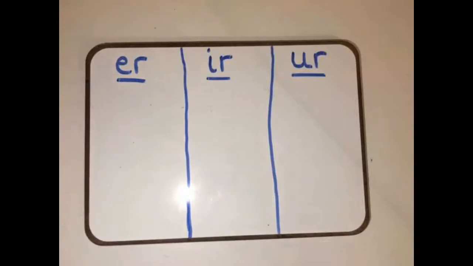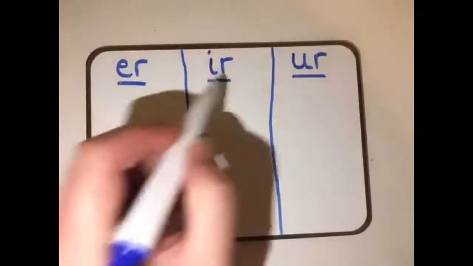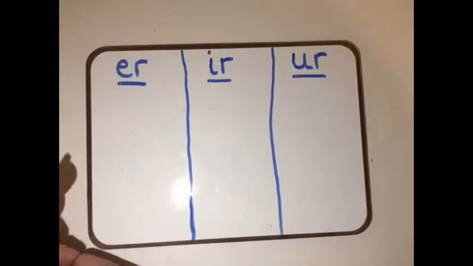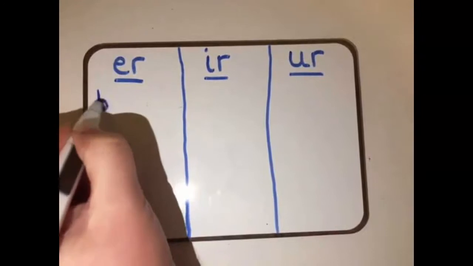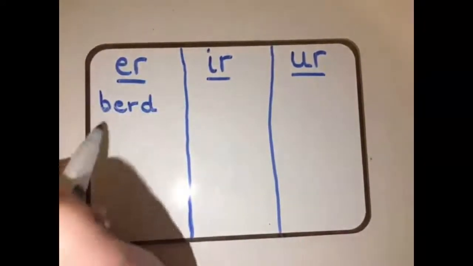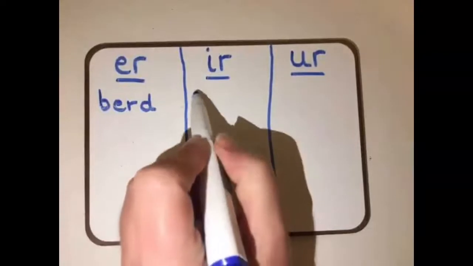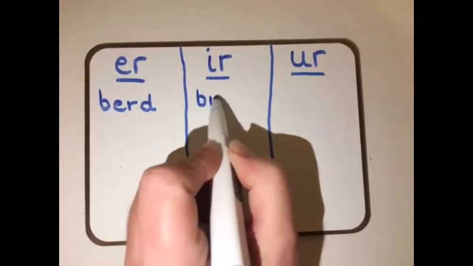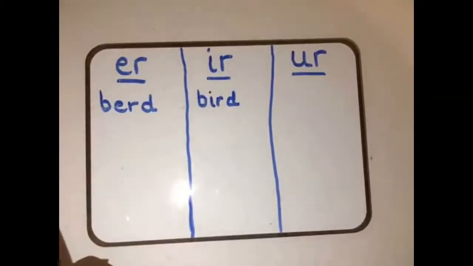All right, so remember that if we're not sure, we can try the word with each of the different ways to make the sound in the word. So we could try bird. Does it look like a word that you're used to seeing in text? No. Let's try this one. Bird. How about that one?